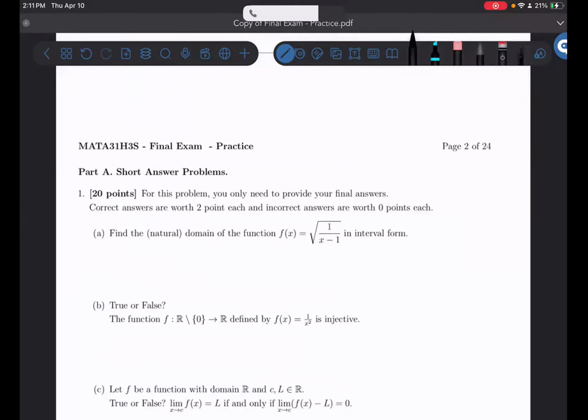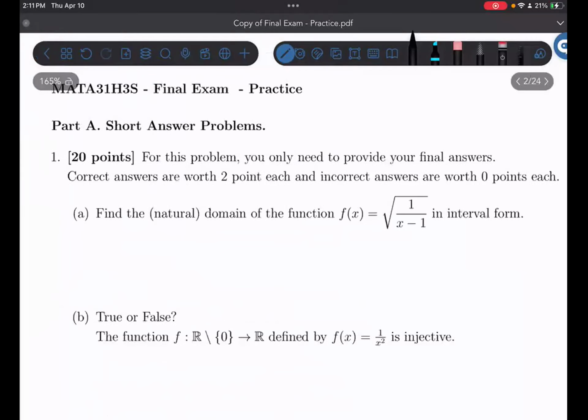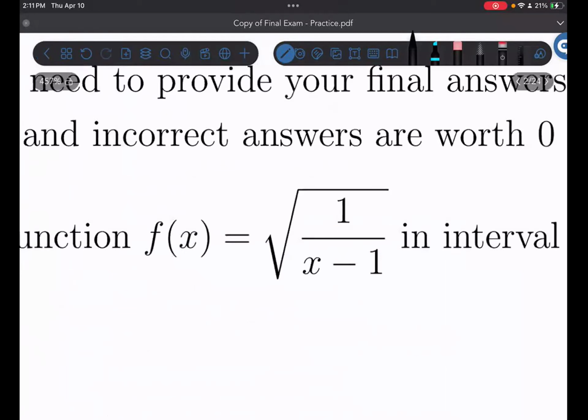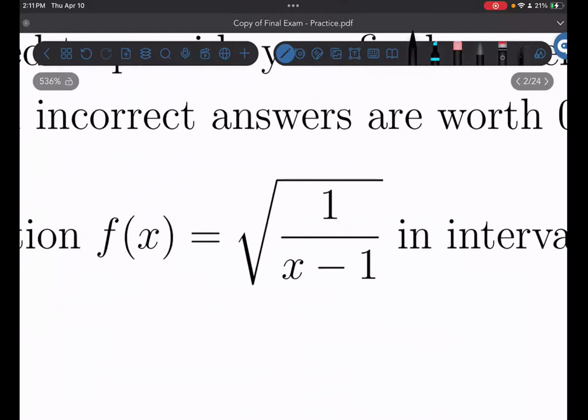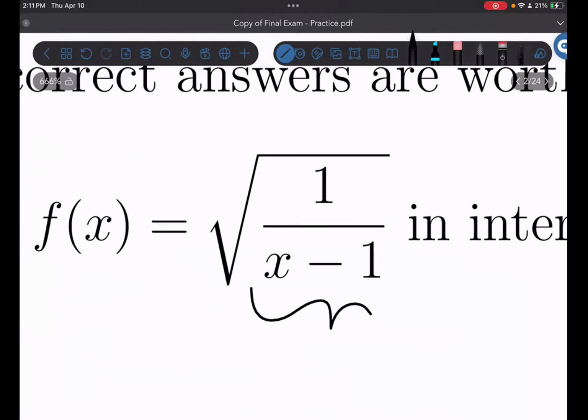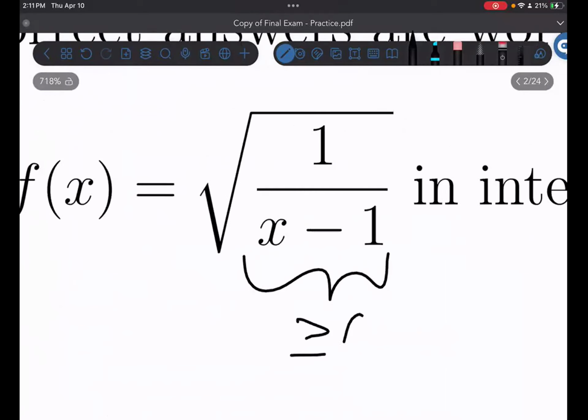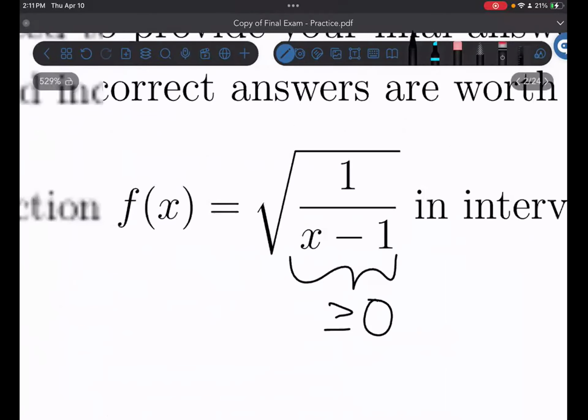Awesome. Okay, so with question one, we want to find the natural domain of the function in interval form. I'm looking at the function right now, and I notice that we're square rooting something. Anytime we do this, we need to make the inner argument always greater than or equal to zero, because we cannot square root a negative number.